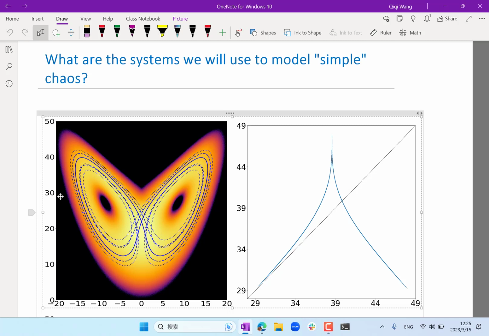Every time a trajectory intersects this Poincare section, you record a point on the two-dimensional plane. You're going to see the collection of all the intersections pretty much on a one-dimensional manifold.